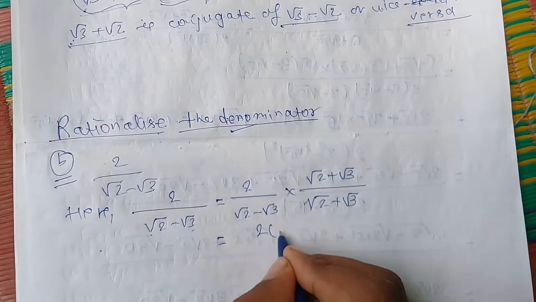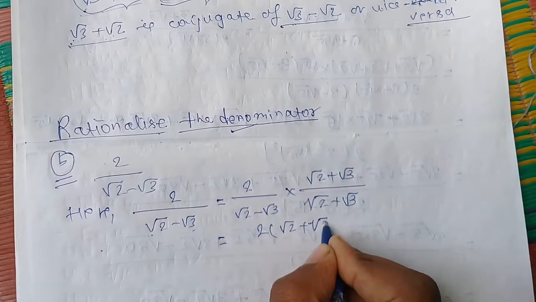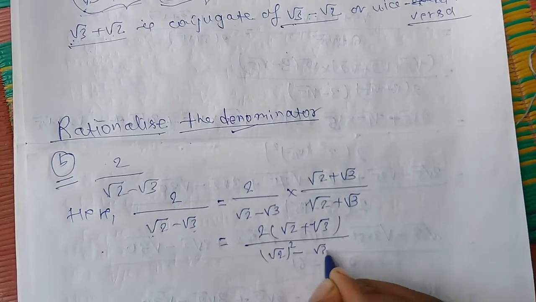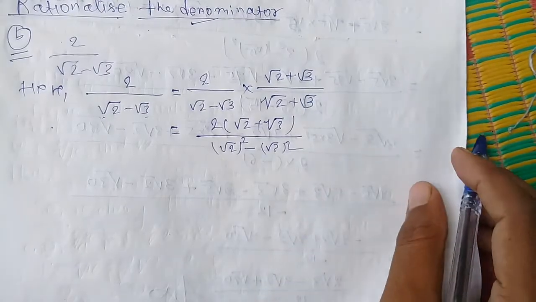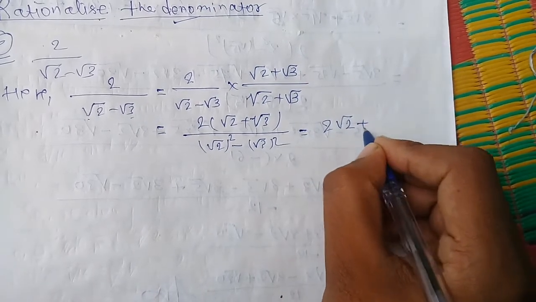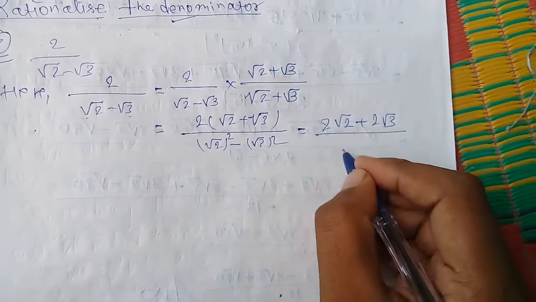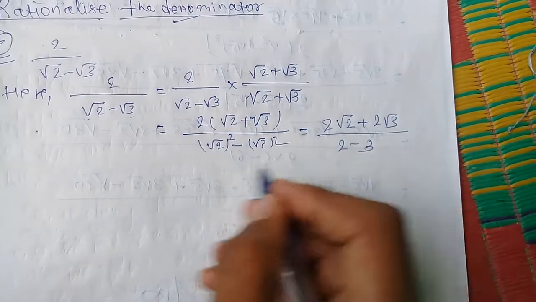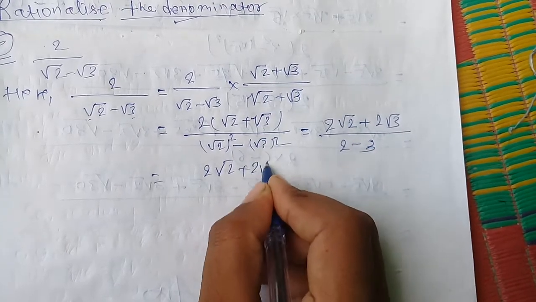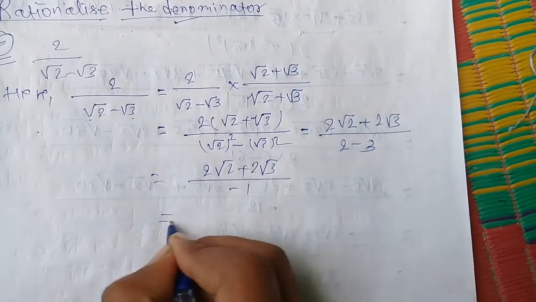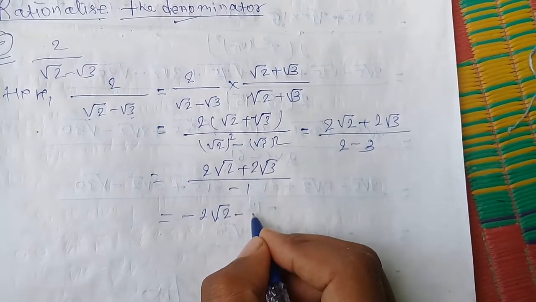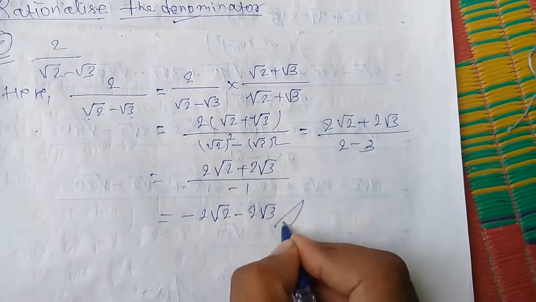So 2 root 2 plus root 3, divided by root 2 squared minus root 3 squared. So what will happen? 2 root 2 plus 2 root 3, and 2 minus 3. So what will we get? 2 root 2 plus 2 root 3 over minus 1 is equal to minus 2 root 2 minus 2 root 3. This is the answer.